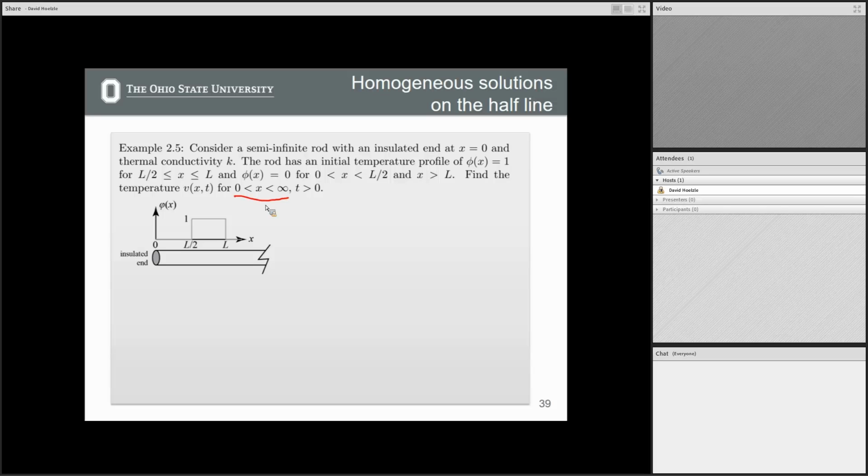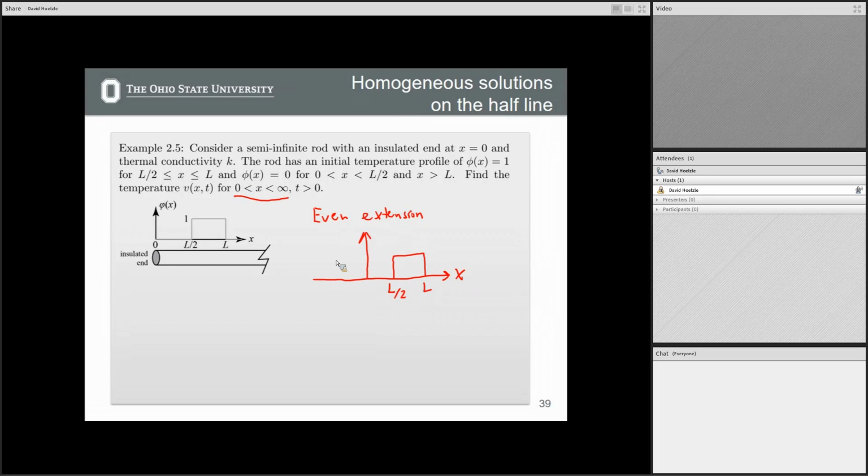All right, so going back to the ideas of this even extension. Okay, so if this is phi of x for positive x, right?